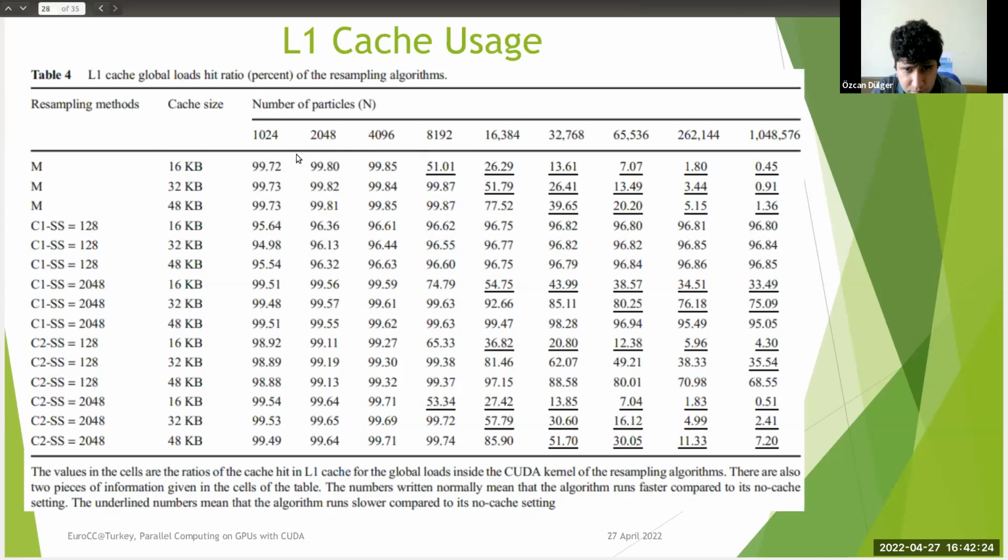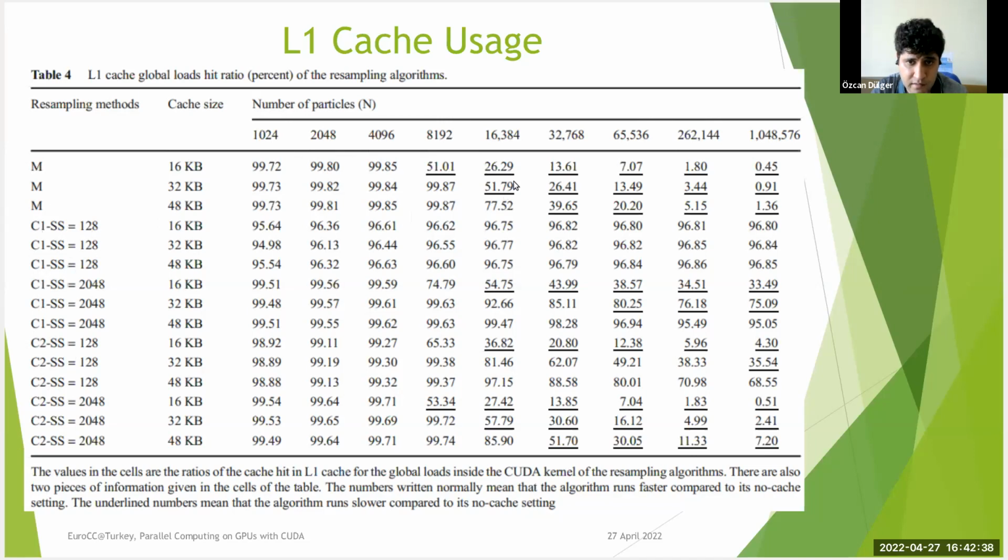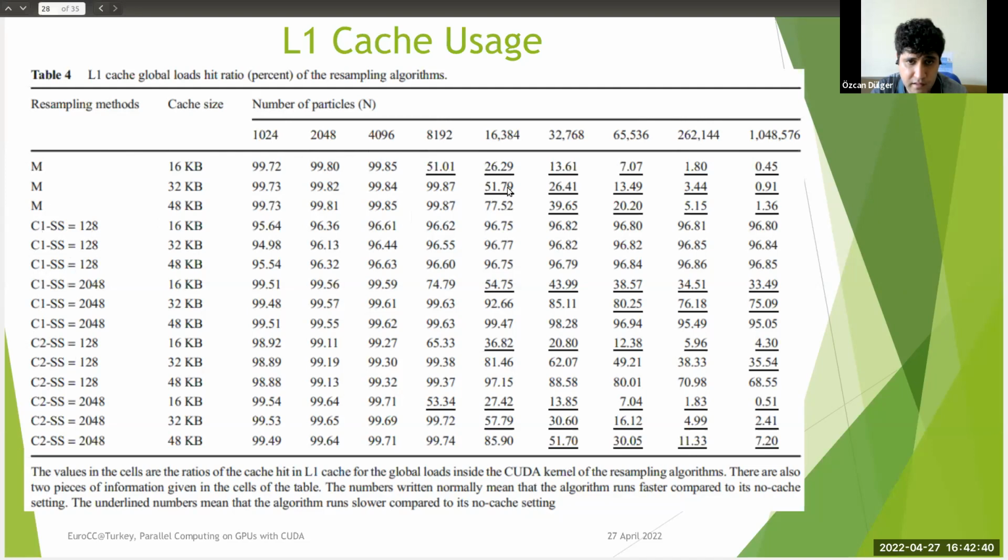And then here, the values that are underlined mean the original algorithm runs faster than its cache version.